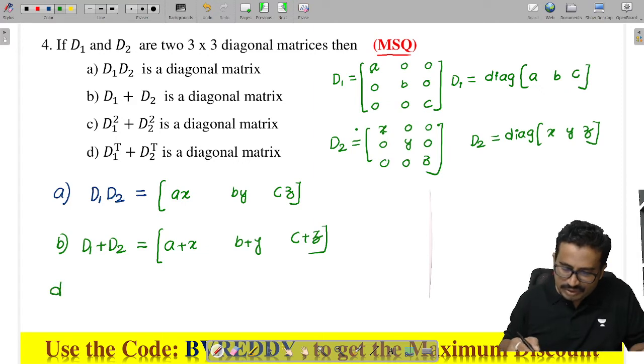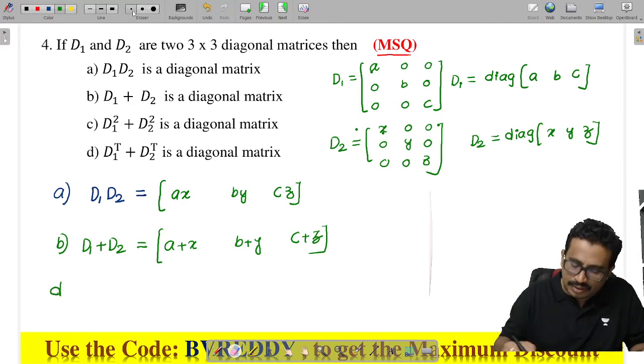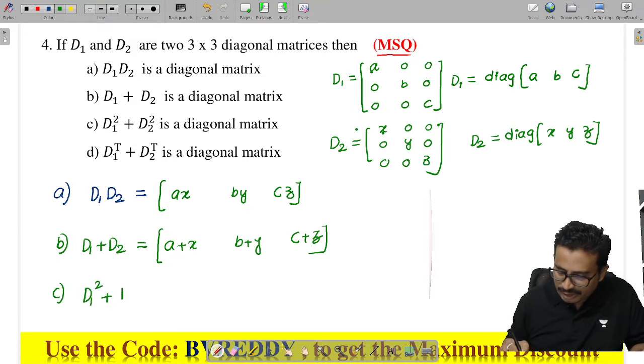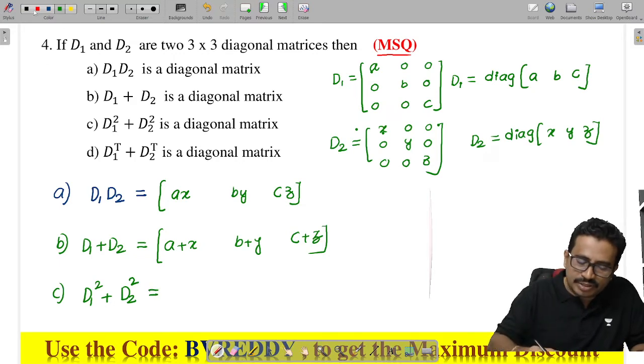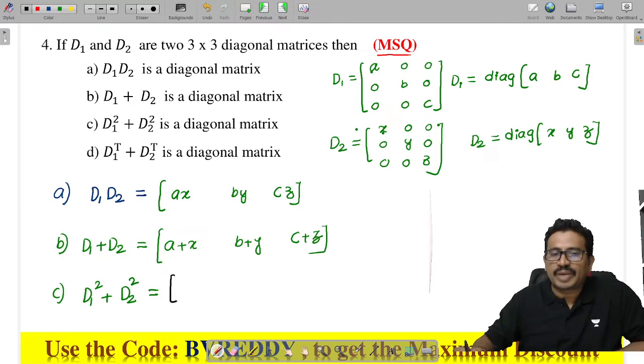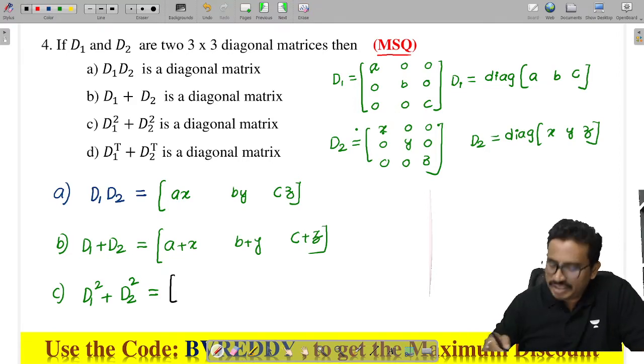Next, option C. Tell me what they have given, D1 square plus D2 square. If we multiply these, what will I get? D1 square, if I do it, is the matrix D1 multiplied with itself only.